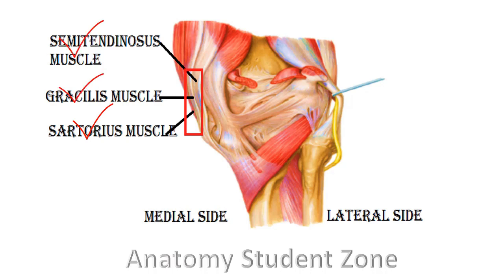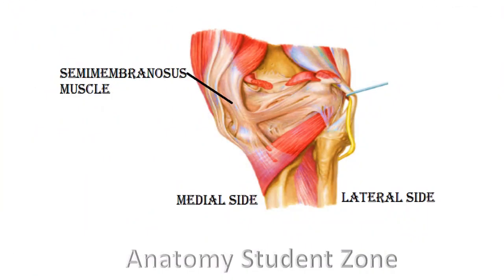It means one muscle of the posterior compartment that attaches on the medial side is semitendinosus. It has a common attachment with sartorius and gracilis, and they attach there on the tibia bone.